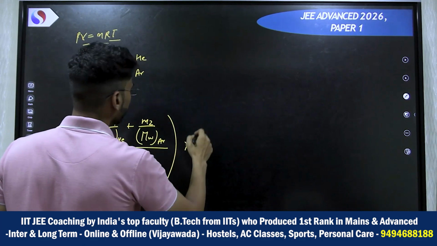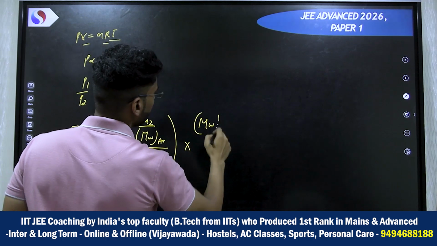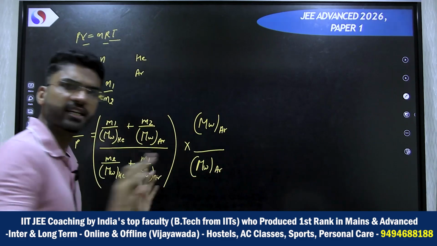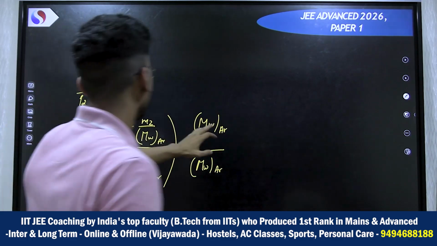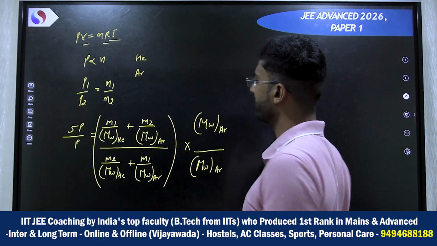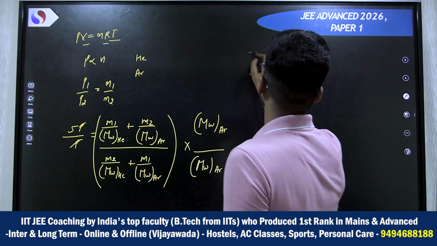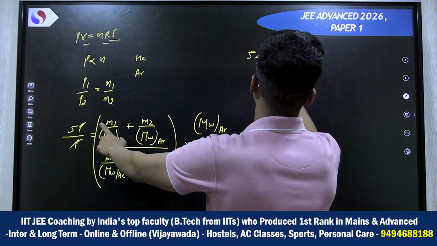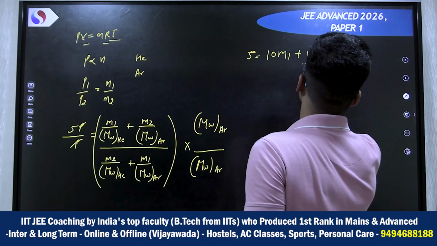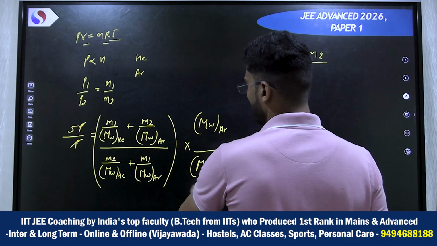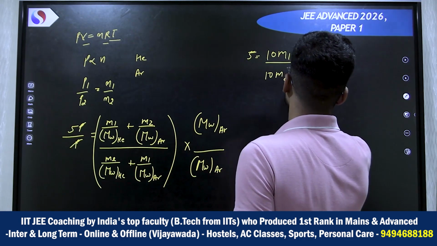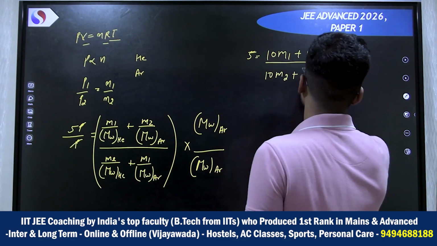Just multiply and divide by the molecular weight of argon. Does that change the equation? No. The ratio of molecular weight of argon to helium is given, equal to 10. So it will be 10 M1 plus M2, the molecular weight of argon cancels, divided by 10 M2 plus M1.